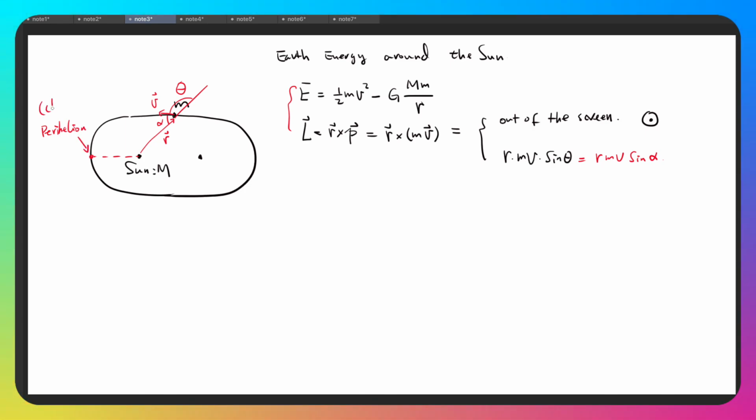So it's closest to the sun. And the second location is on the other end of this dashed line. That's the major axis of the ellipse. And this position is the furthest from the sun, and it's called aphelion.